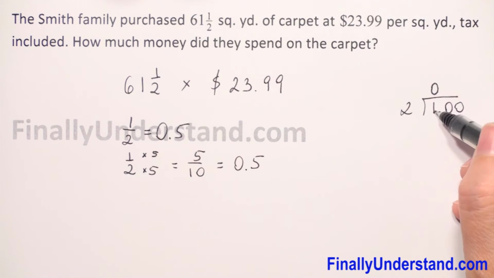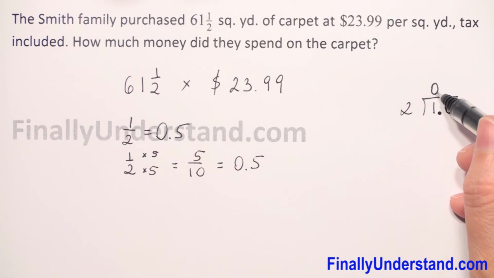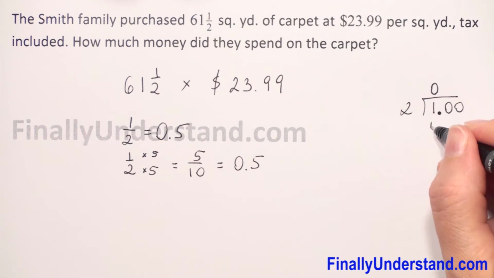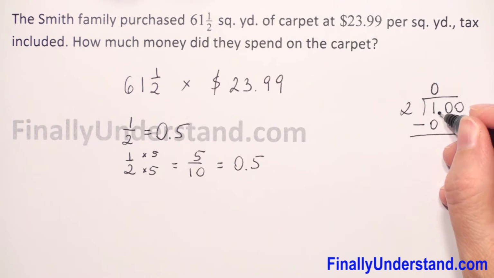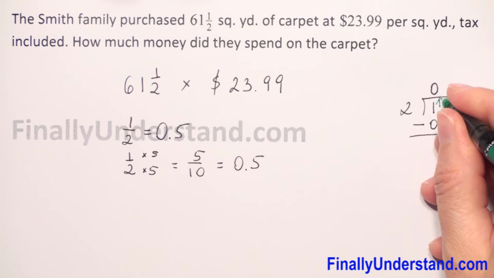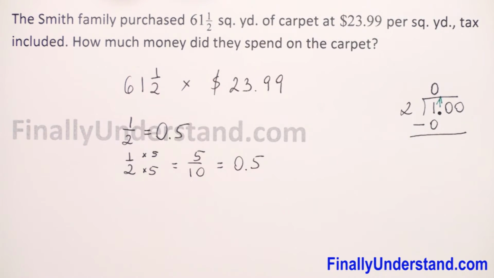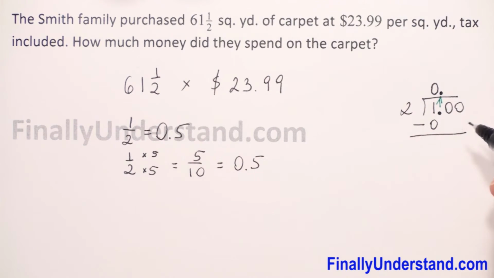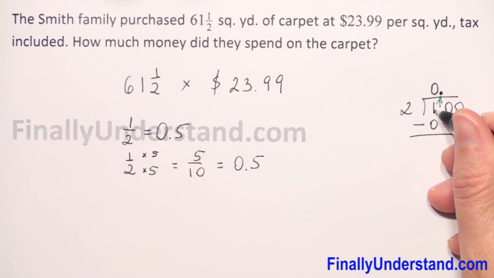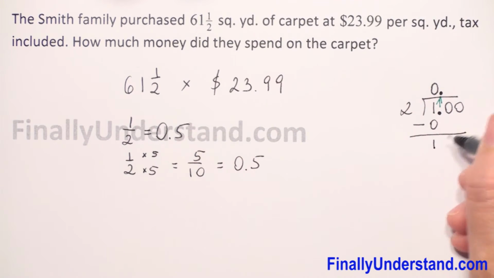Now we put 2 into 1 zero times. 0 times 2 is 0. Now we do subtraction, and we take the decimal point to the top. So we have 0 decimal point, and now 1 minus 0 is 1, and we take down the next 0.